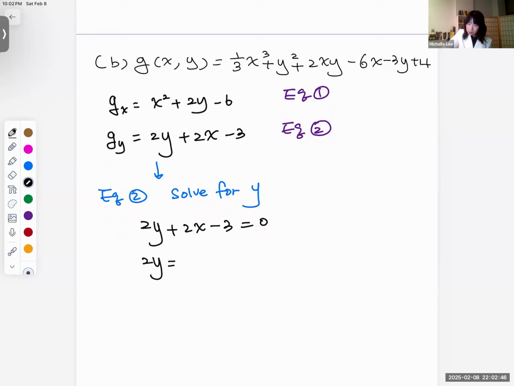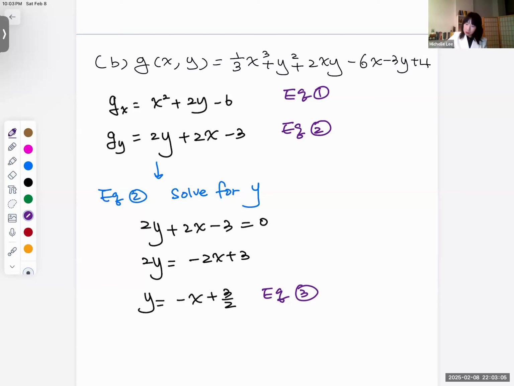So 2y equal to negative 2x plus 3, and y equal to negative x plus 3, all over 2. Let's say that this is equation number 3.